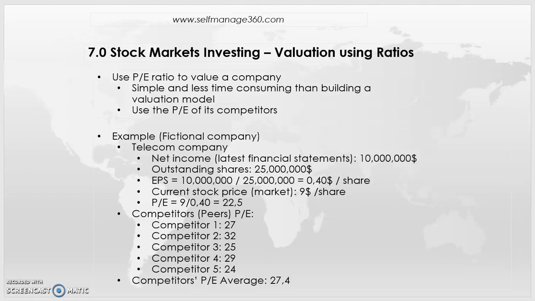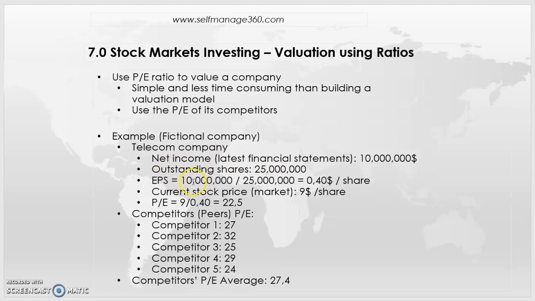It currently has 25 million shares outstanding. So 25 million shares are trading publicly. So what is the earning per share? 10 million divided by 25 million shares, you end up with 40 cents of profit for each share.